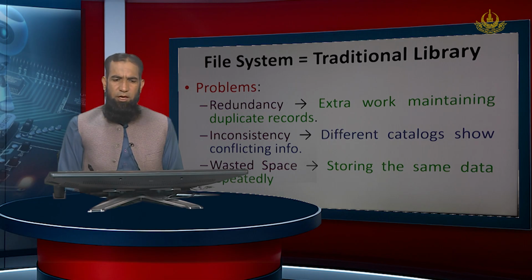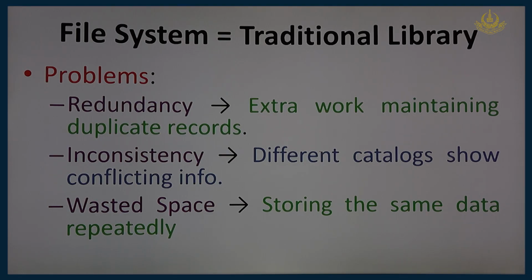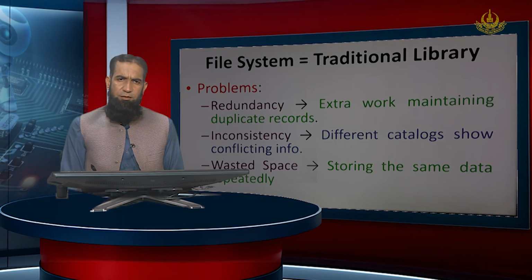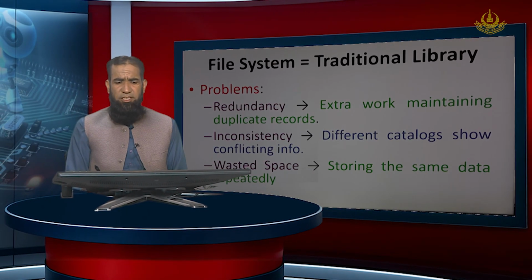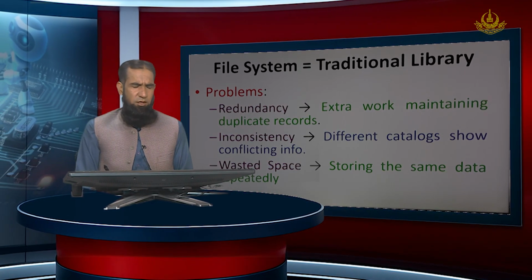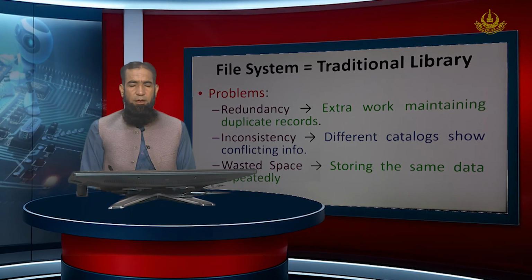The file system has a redundancy problem: if we want to insert data, we keep the record at multiple places. When we want to update this data, we have to update at each point, and if we want to delete this data, we must delete it at every location. There may also be inconsistencies in this data.